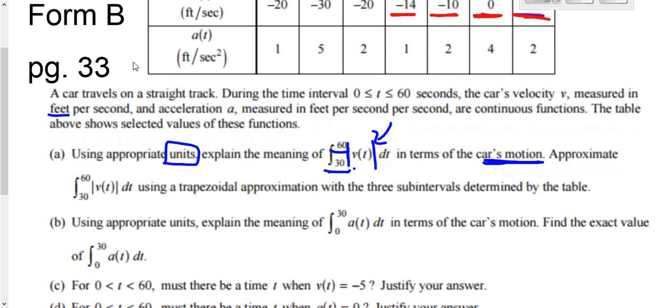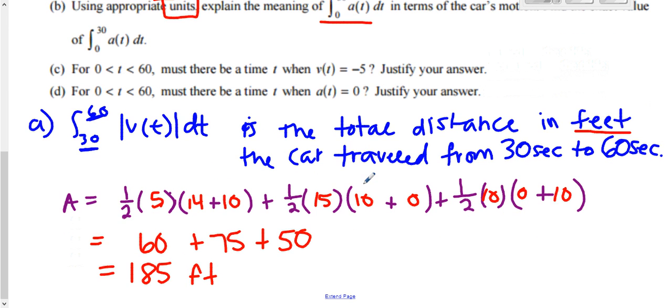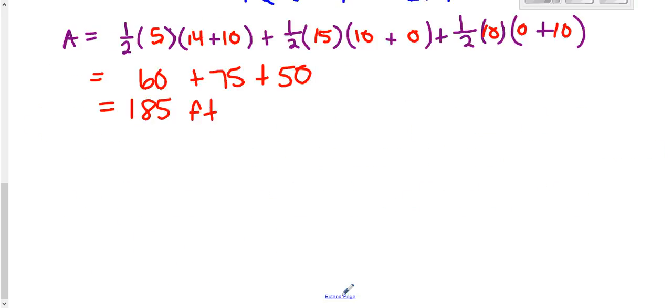So let's look at part B. Part B says using appropriate units, so let's not forget units, explain the meaning of the integral from 0 to 30 of the acceleration, no absolute value this time, in terms of the car's motion, then find the exact value. So we're not approximating like we did before; we are finding the exact value.